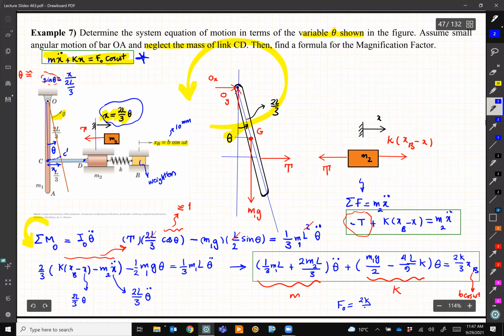F0 is 2k/3 b, right? Like the standard form that we have all the formulas for calculating the stuff for that. So as you notice, everything depends on those free body diagrams. After you write the equation, the extra work that we did was just some manipulation of the formula, and we got to what we wish to get, right?